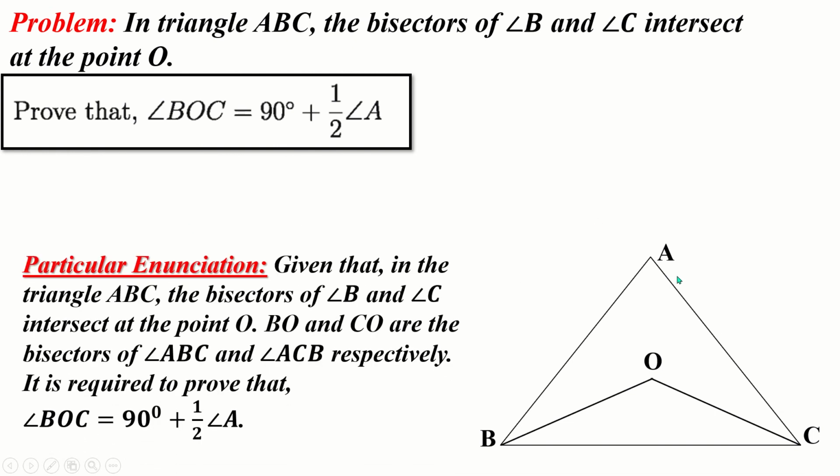Particular enunciation: given that in the triangle ABC, the bisectors of angle B and angle C intersect at the point O. That means BO and CO are the bisectors of angle ABC, or angle B, and angle ACB, or in short angle C. It is required to prove that angle BOC is equal to 90 degrees plus half of angle A. Clear?